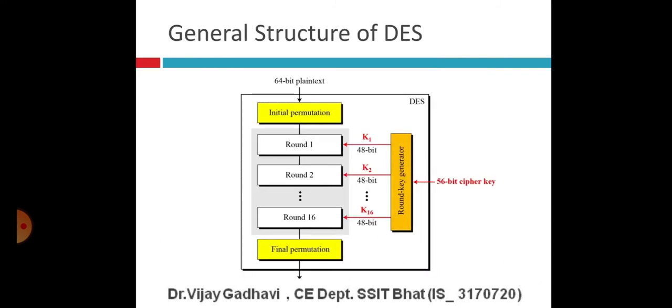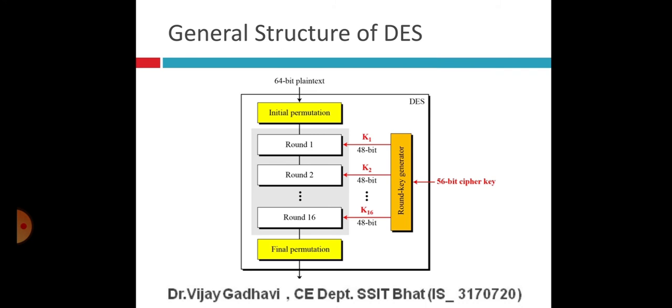General structure of DES. Here we can see the 64-bit ciphertext, the same as the above figure. Here we see the keys K1, K2 and K16. There are 16 rounds. Round key generation: we use the 48-bit key, from the 56-bit cipher key, with 8 bits considered as parity check.